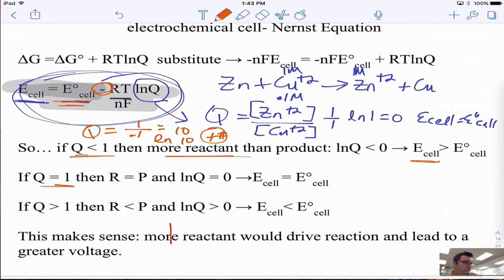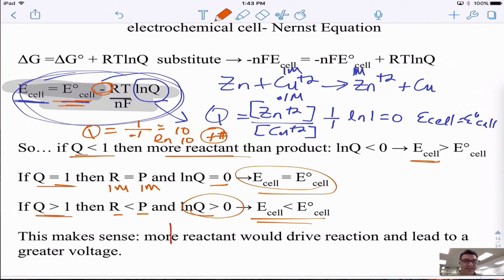If your Q is equal to 1, well then you have 1 molar of each. The natural log of Q is equal to 0, and the cell voltage is what it should be. If the Q is greater than 1, like what I described up here, well then you have more products than reactants. And now Q is greater than 1, except that you're subtracting it from the standard voltage, and so the voltage will go down.